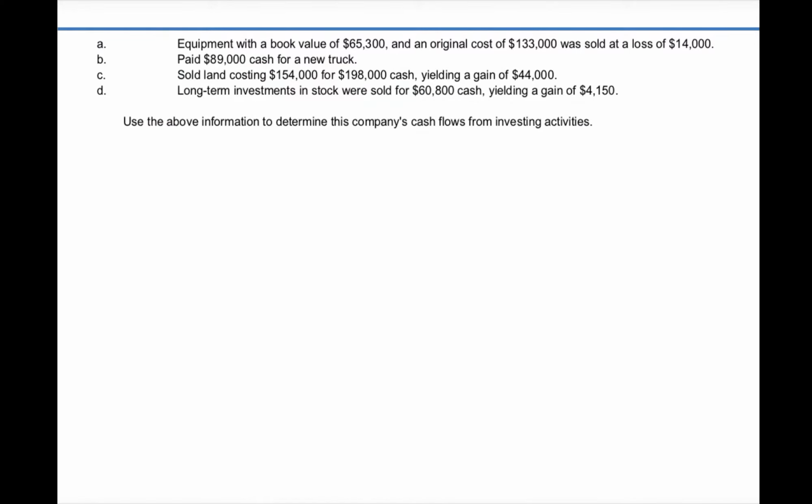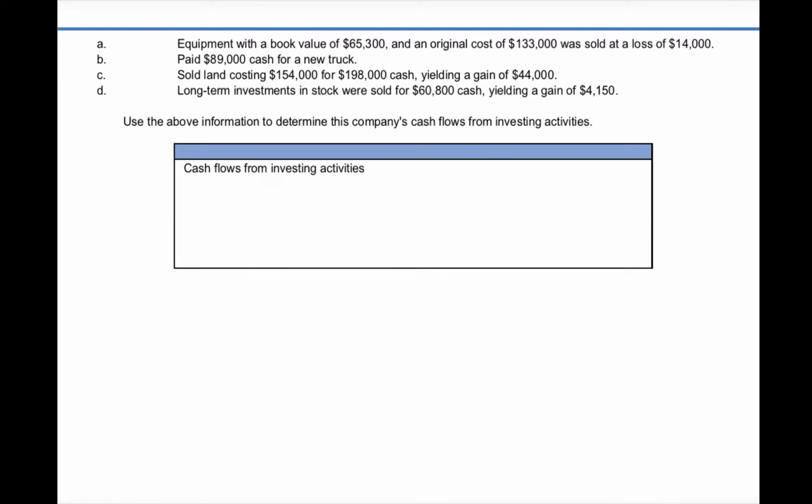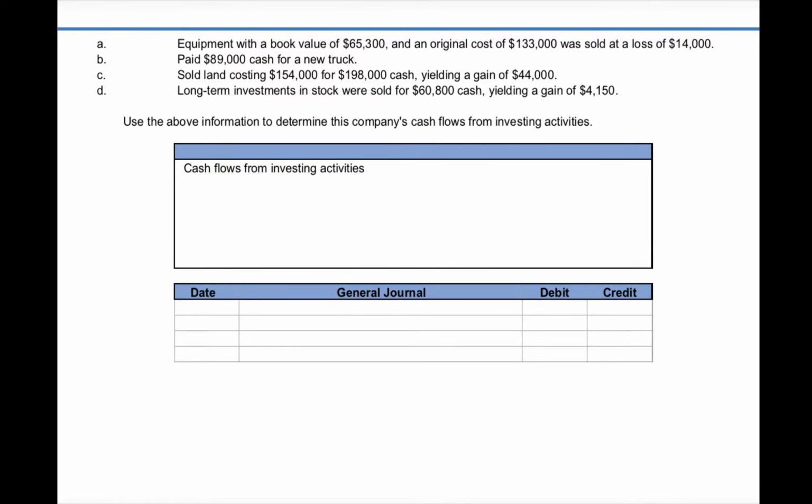Use the above information to determine the company's cash flows from investing activities now. So we're basically going to reconstruct, just like we talked about in the lecture. We're going to go back and reconstruct these items. Okay. So we've got accumulated depreciation.